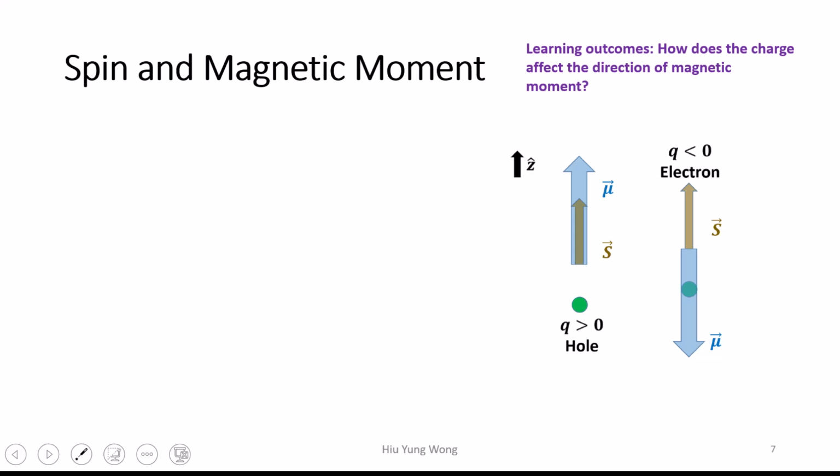But an electron doesn't have that. However, it has a property, spin. Spin is something like a property of a particle. It's not really spinning.